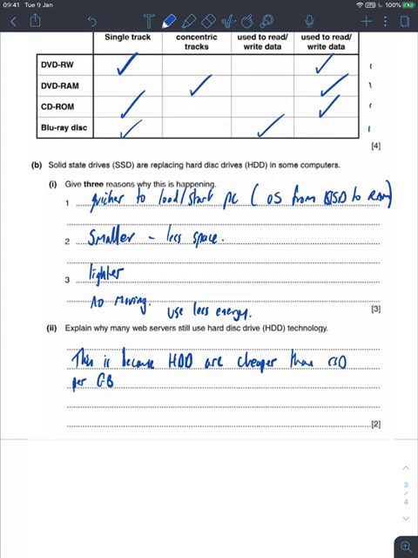For read and write, you've got a greater lifespan for HDD.